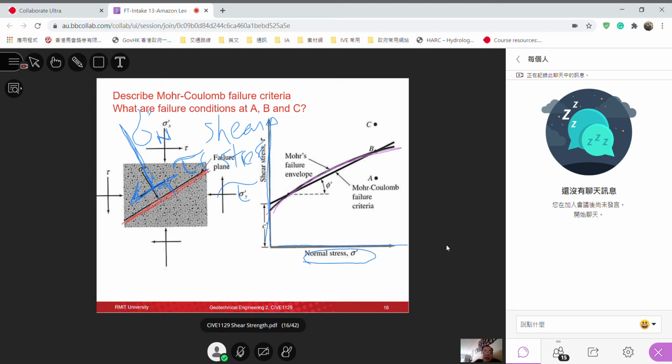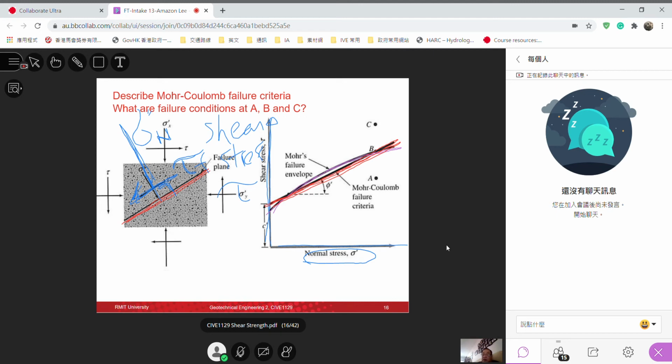They found that it was better to simplify it, and they used a straight line instead of a curve, because the curvature is not very drastic. More or less, it could be represented by a straight line.